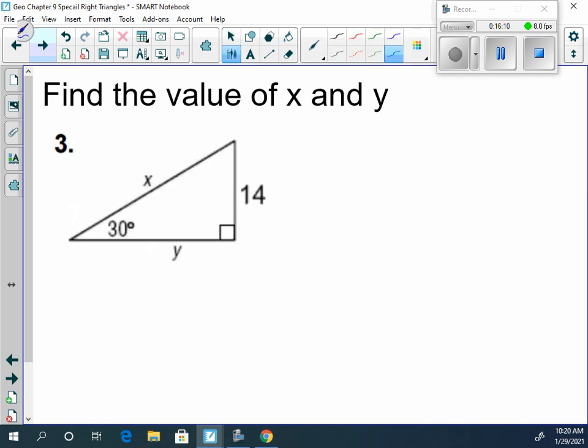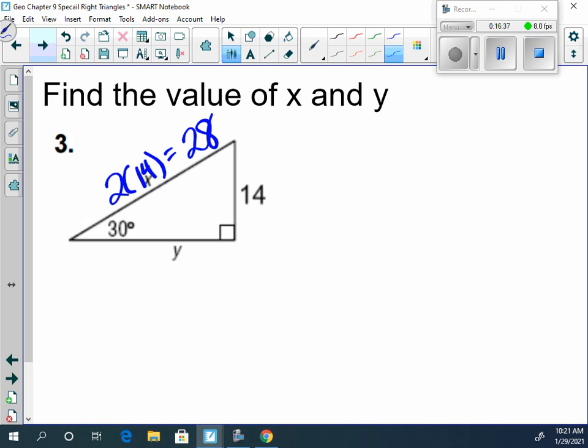What do we do to get the hypotenuse? So we multiply 14 by 2 to get to the hypotenuse, which 2 times 14 is 28.